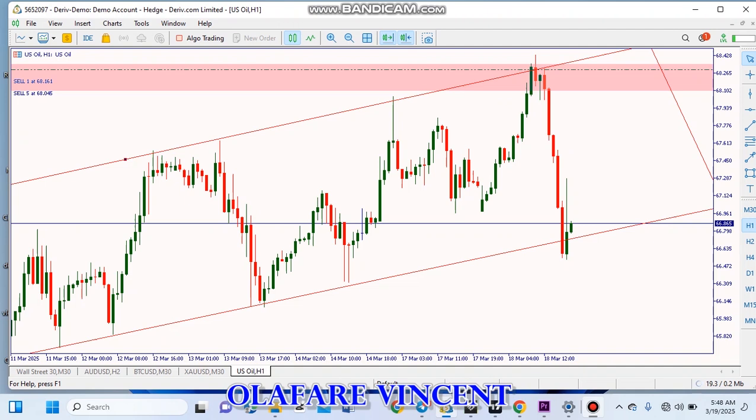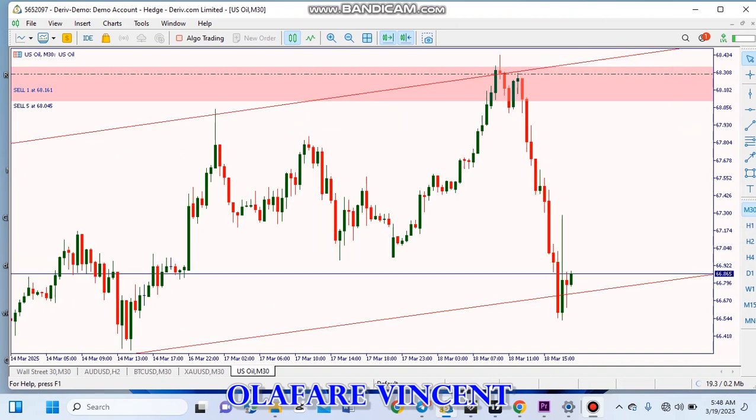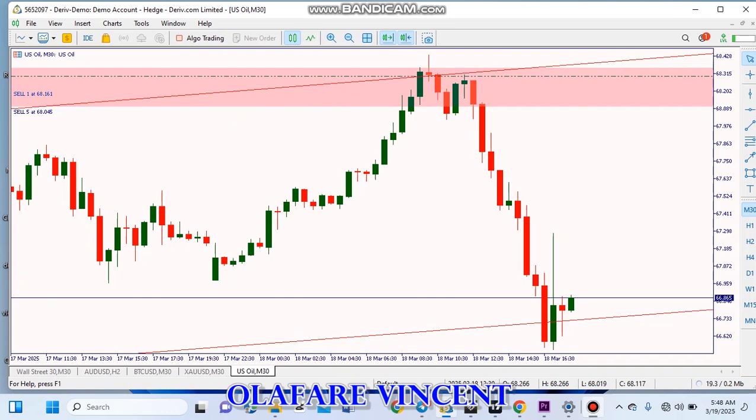What I was looking out for was just an engulfing candle, which I saw on the 30-minute time frame. We see the market first reject in this area, but it didn't forcefully engulf it. So I didn't enter at this point because it hadn't confirmed for me.